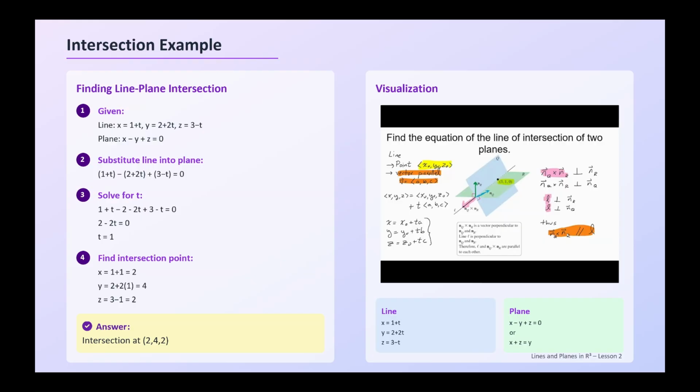Then we solve for t, plug it back into the line, and we get the intersection point. In this case, we get t equals 1. So the intersection point is (2, 4, 2). This shows exactly where the line pierces the plane.